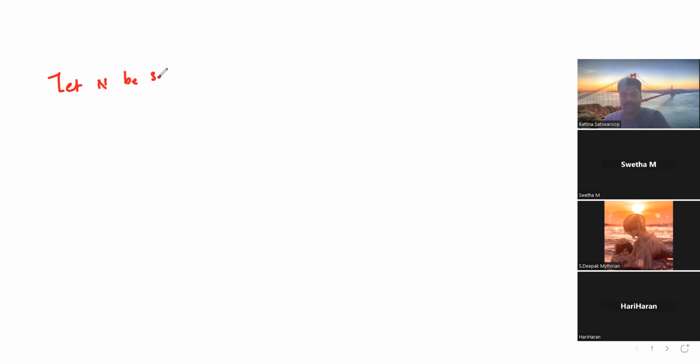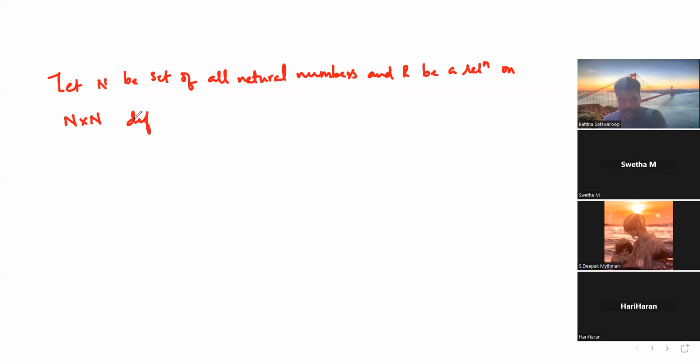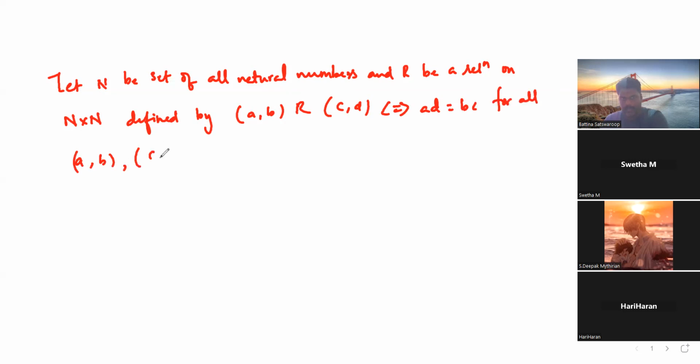Let N be the set of all natural numbers, and capital R be a relation on N cross N defined by (A, B) R (C, D) implies AD is equal to BC for all (A, B), (C, D) belongs to N cross N, or N by N, whatever you write.